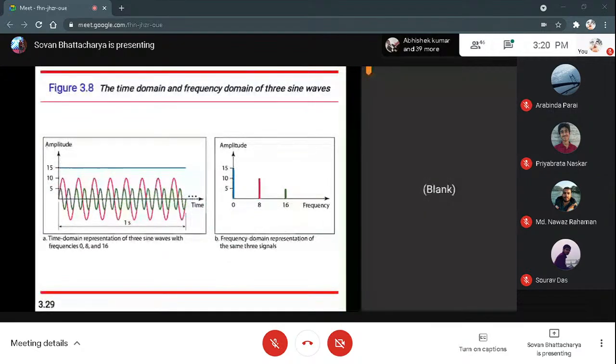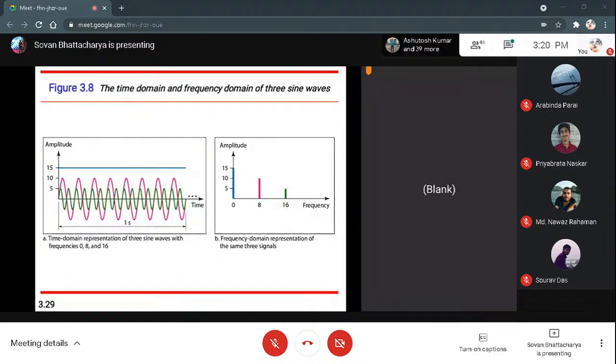So its frequency is 1 by 8, the other is 1 by 16, and the blue one has frequency 0.